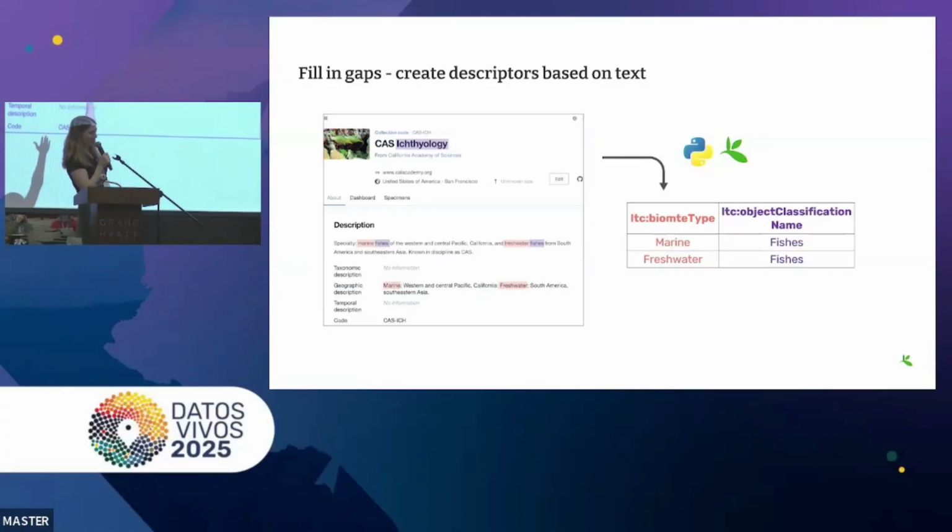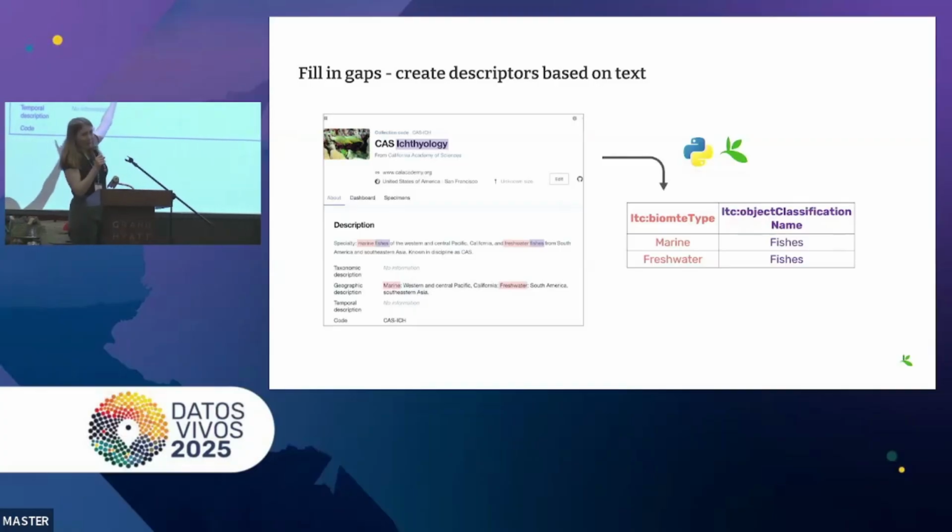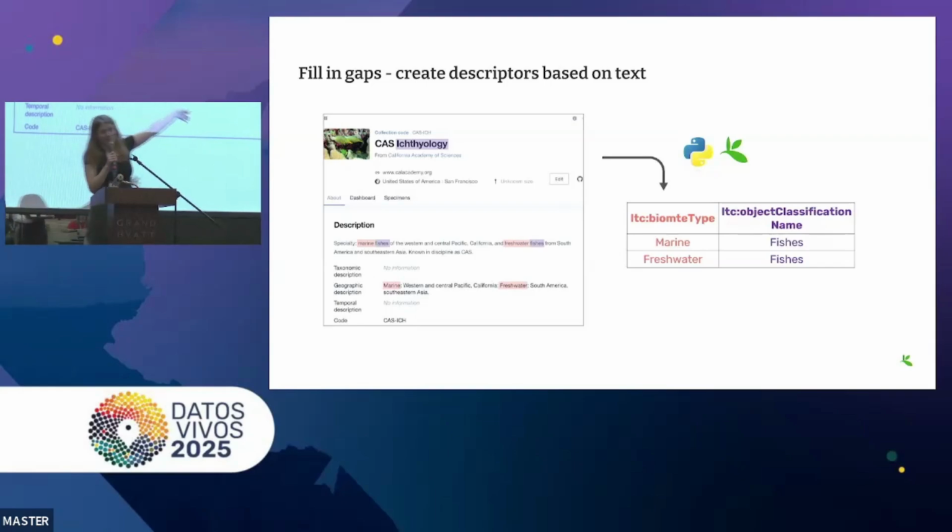Yeah, so you can see a collection page on the left, and this is the type of text you would have on a GeoCycle page, right? And I did something really simple. I used a little script that looked for keywords to identify fish and to identify a biome type, a realm. And so you can see the highlighted words is what the script finds, and then it transforms that into a little descriptor table.